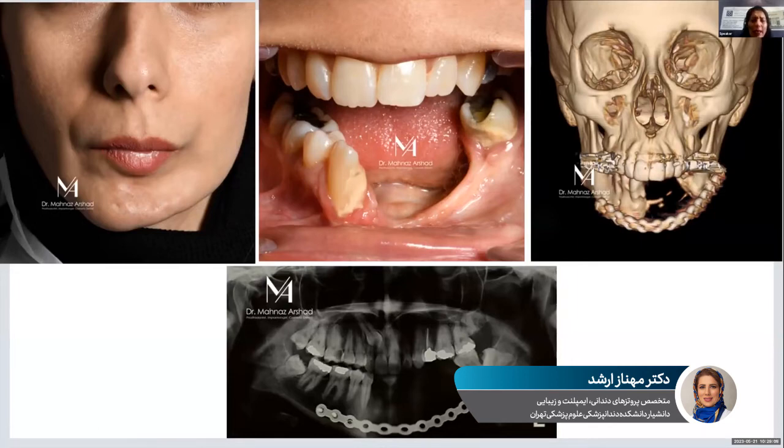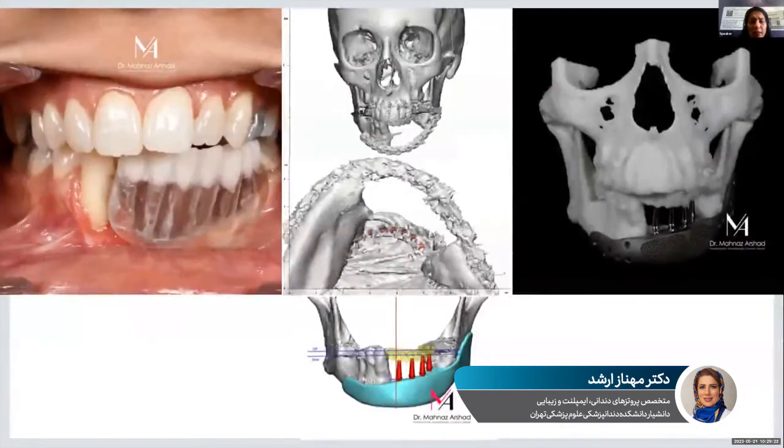She also wanted the aesthetics and a masticatory solution for her mouth. So we designed the subperiosteal implant.